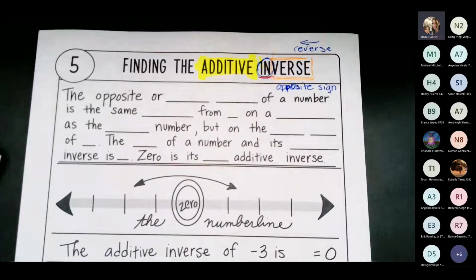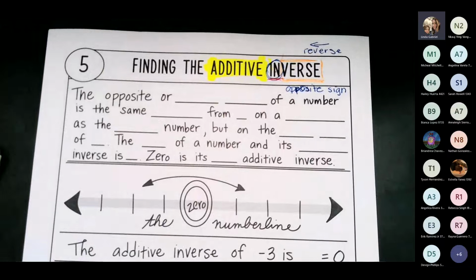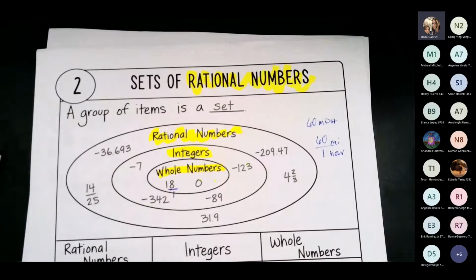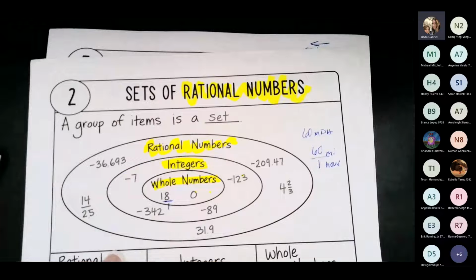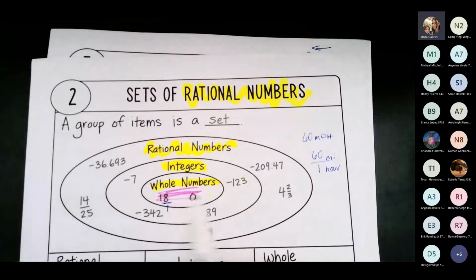So today we're going to learn how to find the additive inverse of a rational number. And the rational number, remember we have it here, rational numbers. I wanted to color this in so that way it could be like all the colors. Let's say whole numbers, right?